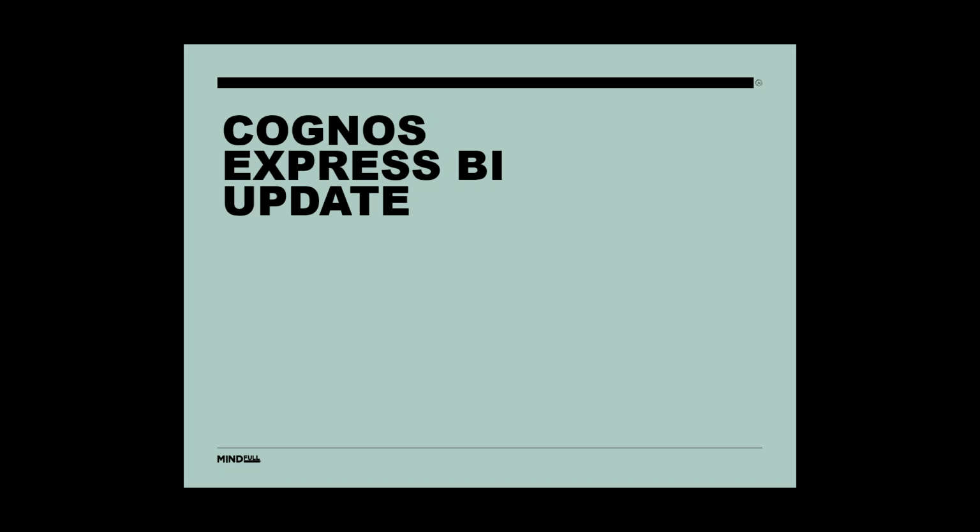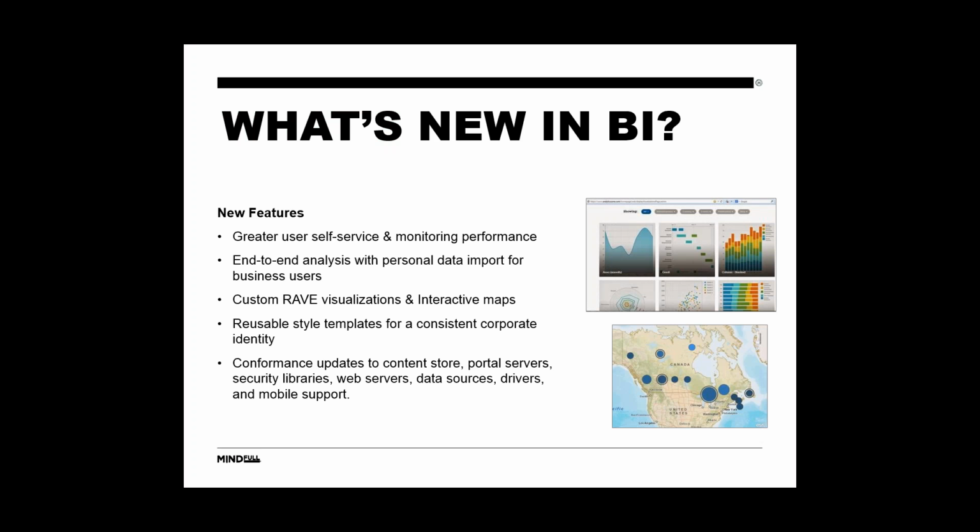Okay, so just to give you a quick update on what's been happening with Cognos Express BI, if we look at what's new, there's functionality that wasn't in Cognos Express that was in Enterprise, but now it's available within the offering. The focus for BI is around self-service and being able to monitor performance, whether it's financial performance or other areas of performance in your organisation.